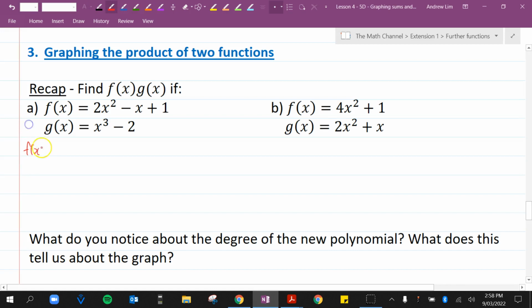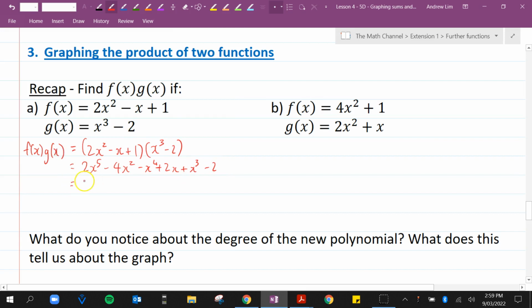So f of x times g of x, we've got 2x to the power of 5 minus 4x squared minus x to the power 4 plus 2x plus x cubed minus 2.